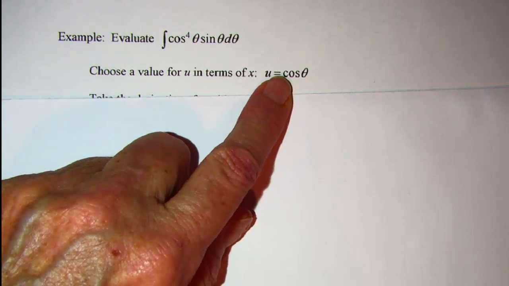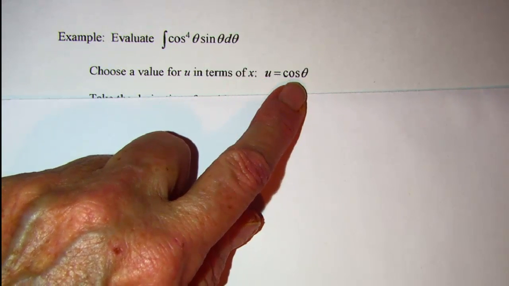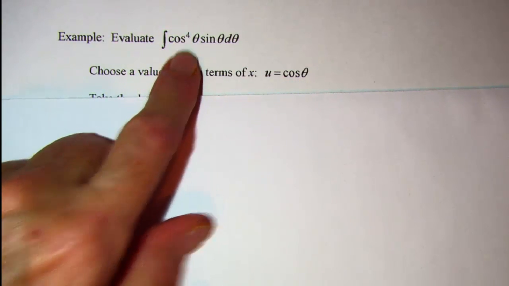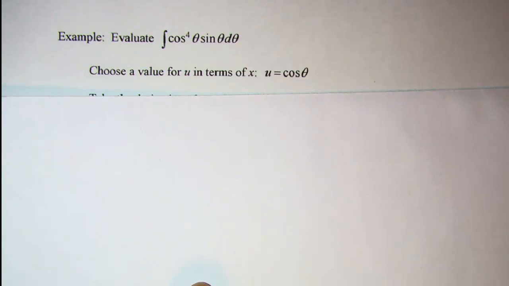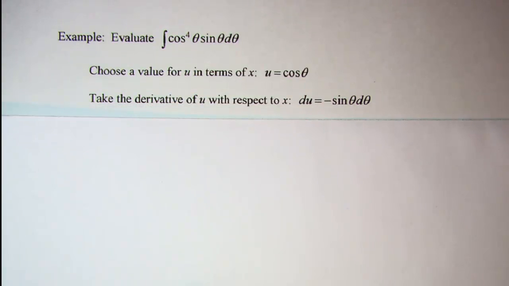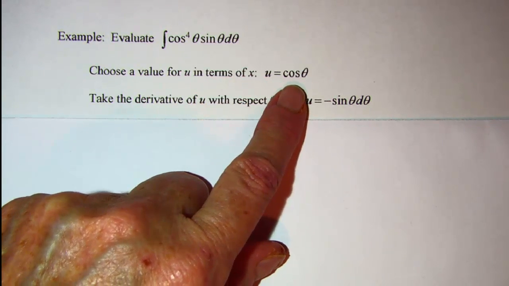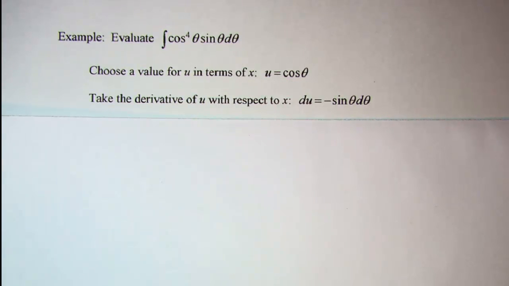But I'll let my u be cosine theta, and then I'll have u to the 4th power here. So u is equal to cosine theta. Take the derivative of both sides, and I get du is equal to a negative sine theta d theta.